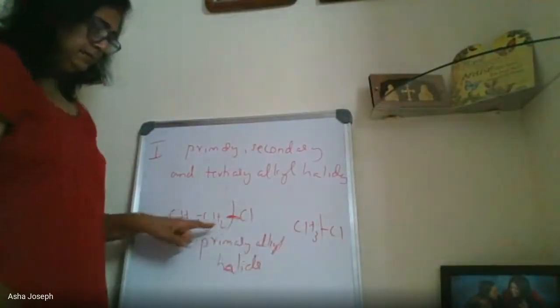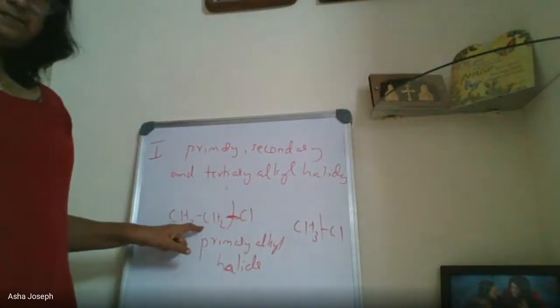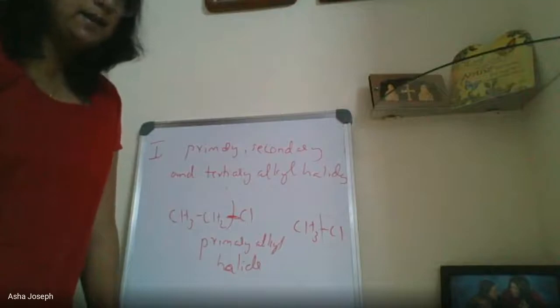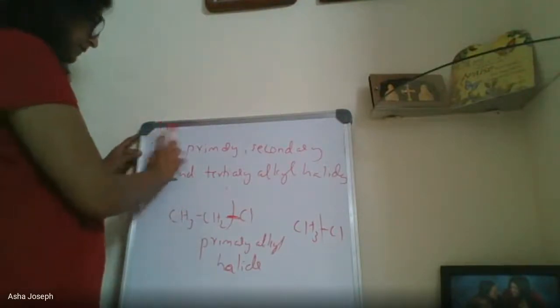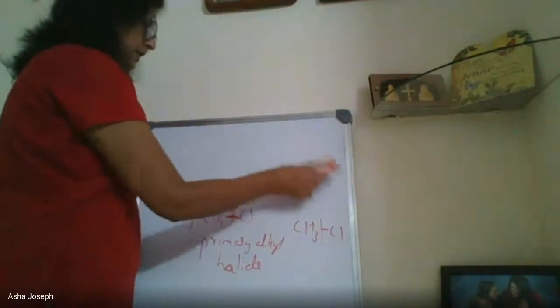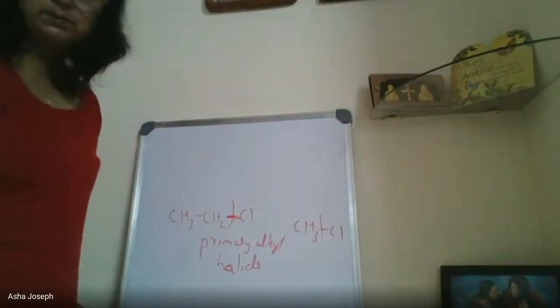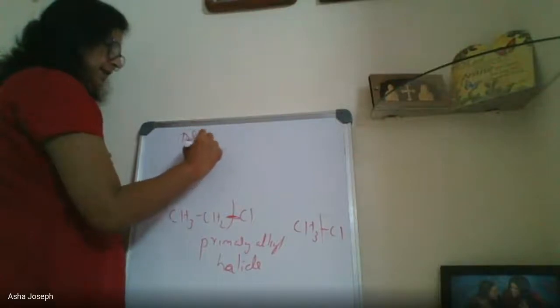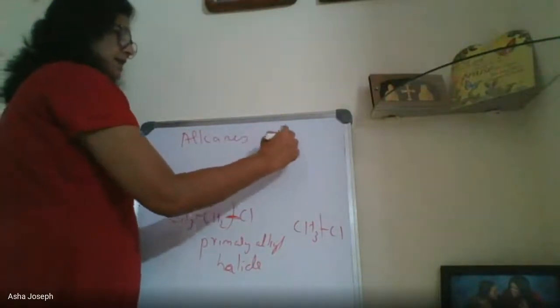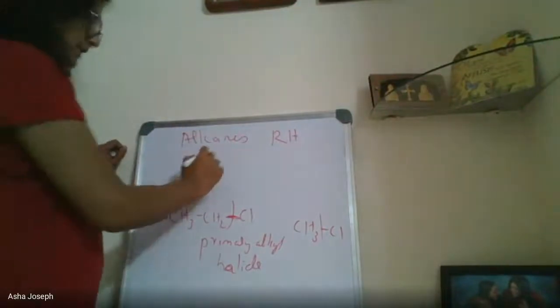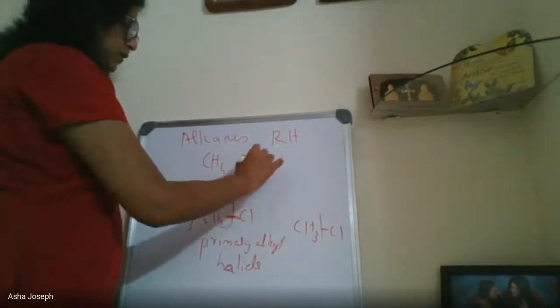Ma'am, the board is not seen. This much you saw? This you can see? Yes, ma'am. So alkyl group, all of you know what is an alkyl group? Everybody knows? Group formed by removal of hydrogen from parent alkane. So alkanes we learned, general formula RH. For example, CH4, C2H6.